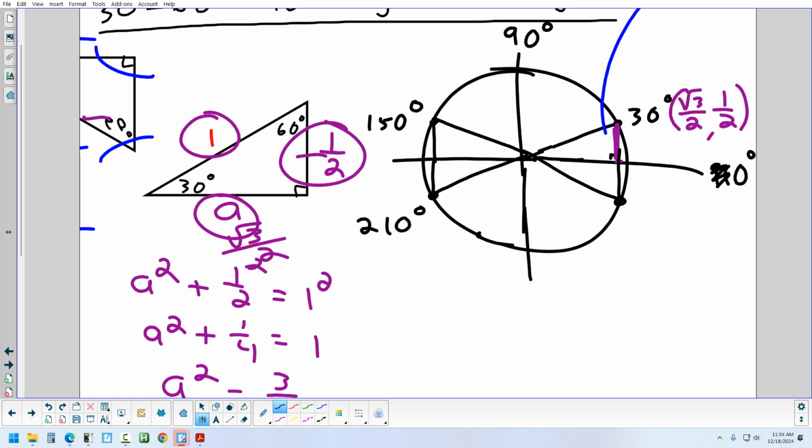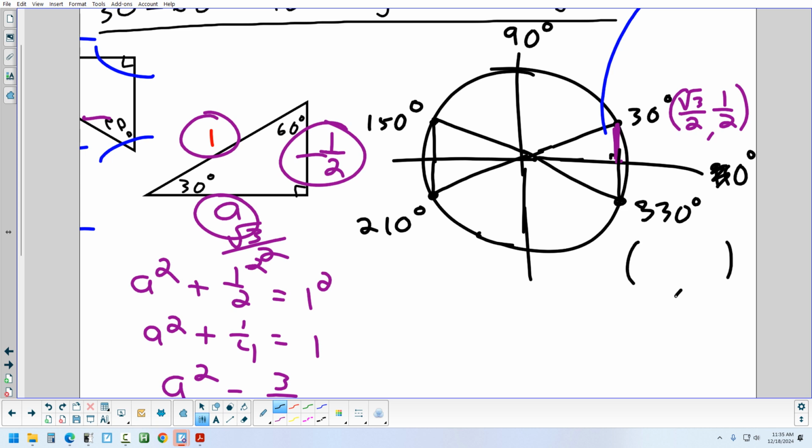And this angle over here. 330. Right. And we should be able to get the coordinates of all those because they're just reflections of the original.